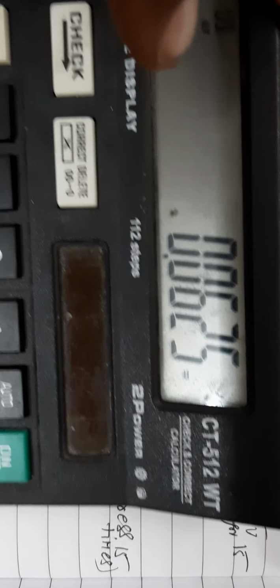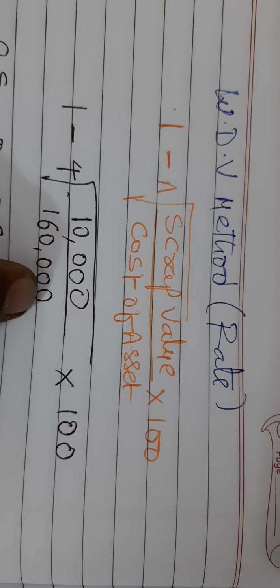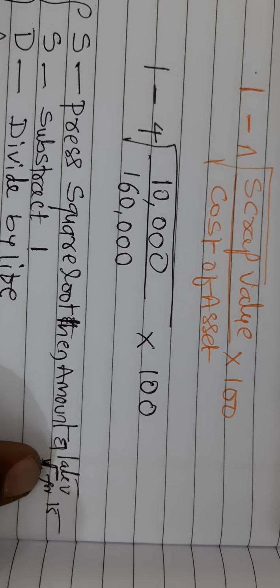Then 10,000 divided by 1,60,000. So you will get 0.0625.